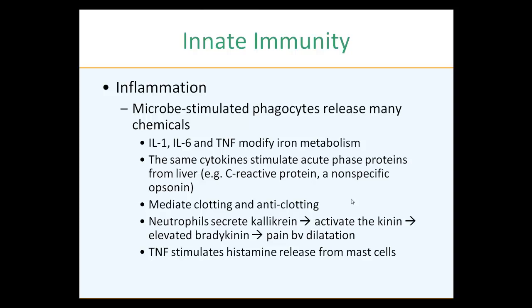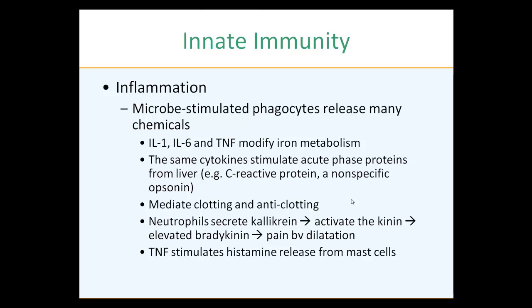The most common way to tag bacteria or an organism for destruction would be by tagging it with a protein, a non-specific protein like C-reactive protein or like the complement system, but also by antibodies. Antibodies are the most important taggers for what we call opsonization.